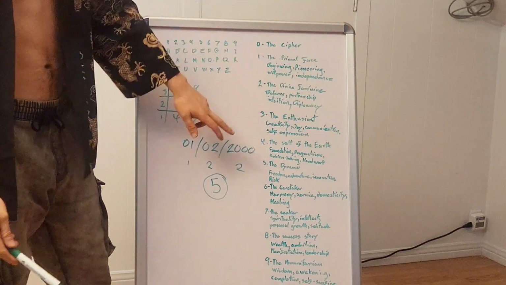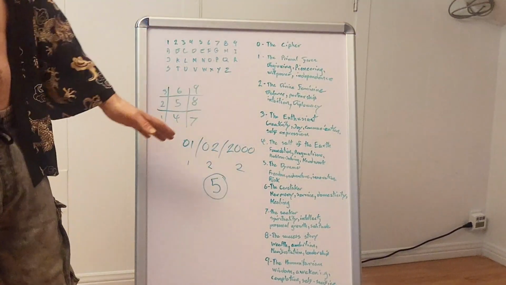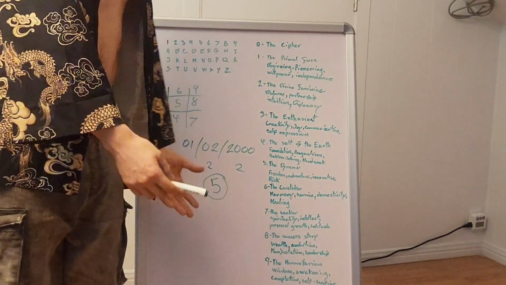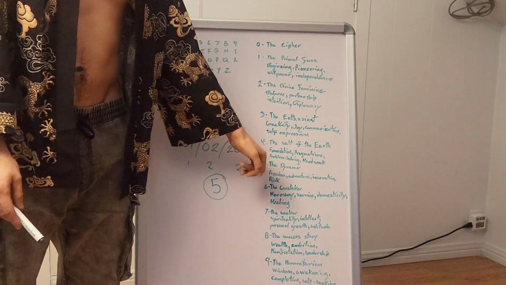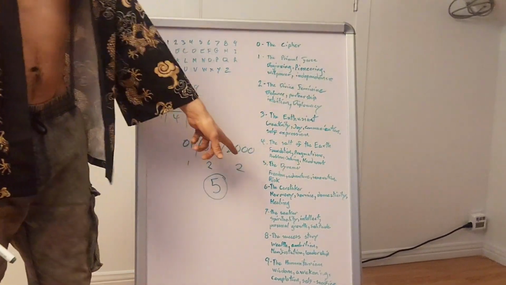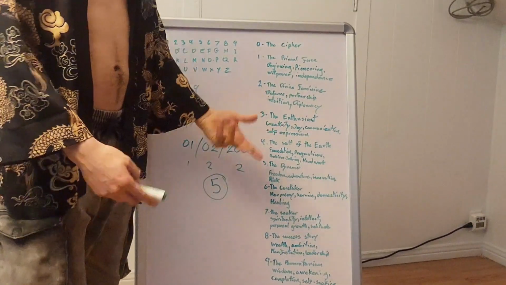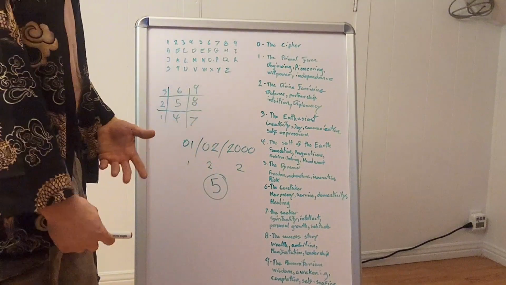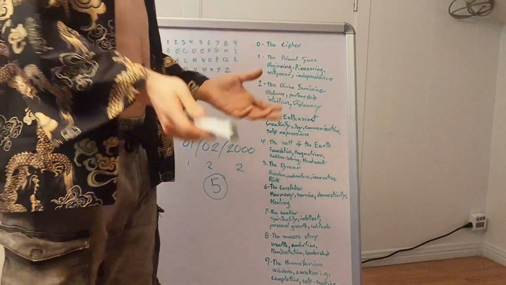If you were a 5, your biggest challenge in life would revolve around what's called the dynamo. It means your freedom, adventure, innovation, and risk is your biggest challenge in life.